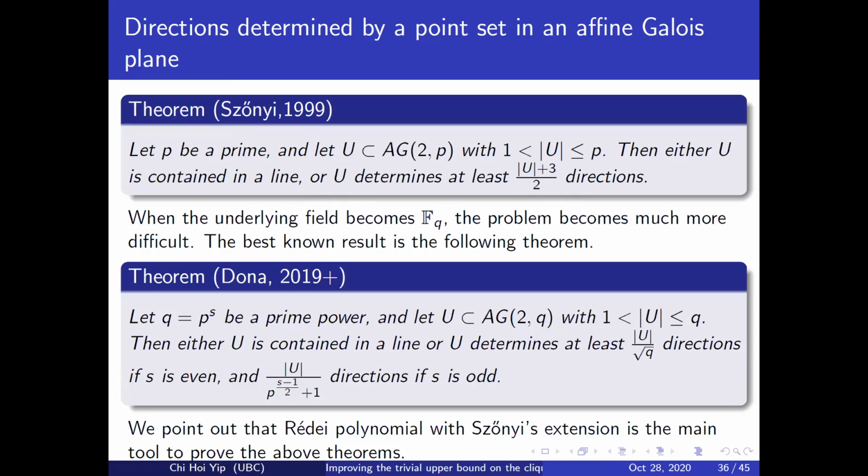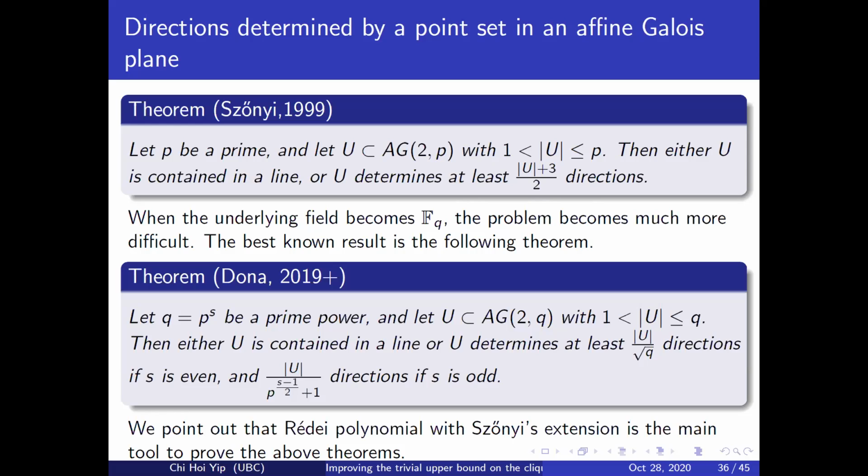Okay, so that means for any arrangement of the points in this affine plane, the number of directions will be huge in this case. But when the underlying field becomes FQ, the problem becomes much more difficult.